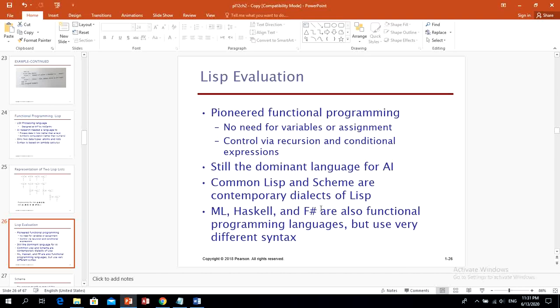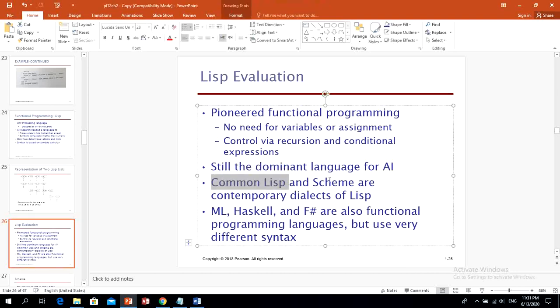Common Lisp is a version of Lisp, and the Scheme programming language is also a sub-version of Lisp, and they have very different syntax, like F#, but they are used basically for logic and abstraction to represent simulation for machines.